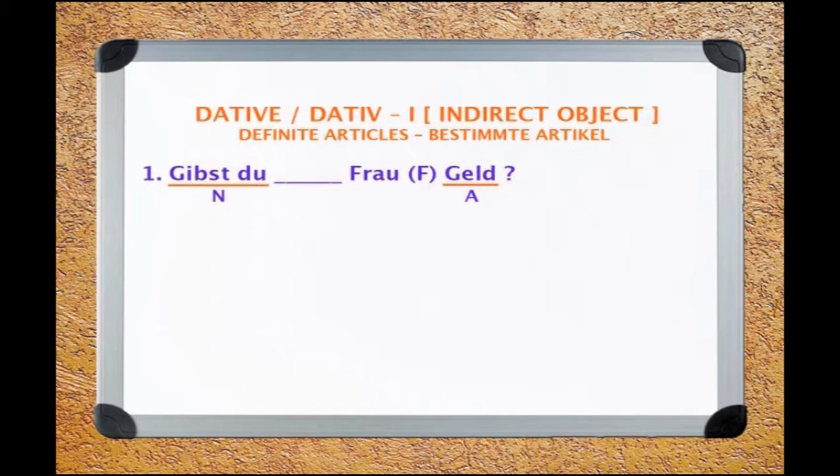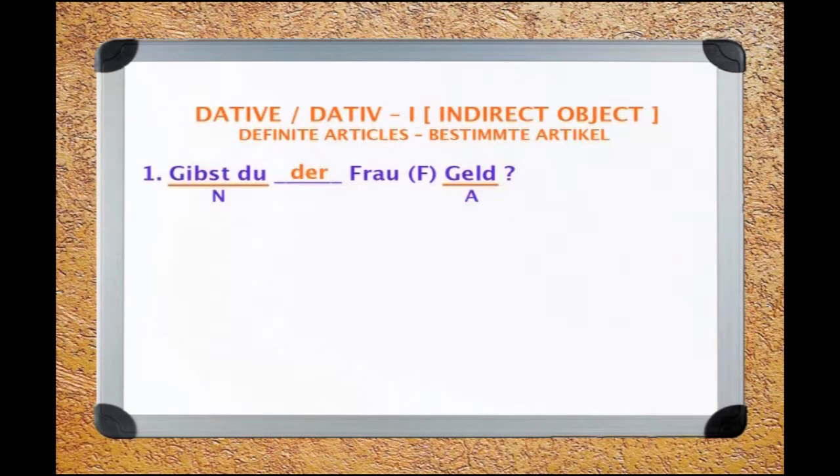We write the answer there, because here dative, as I told you, becomes the beneficiary of any action in the sentence. So, here the indirect object is Frau or the dative object is Frau, and here the article for die Frau, as you know from the table, becomes der Frau.